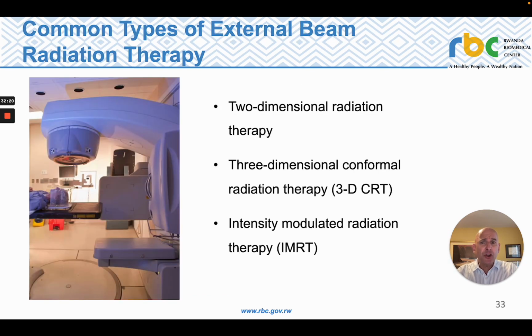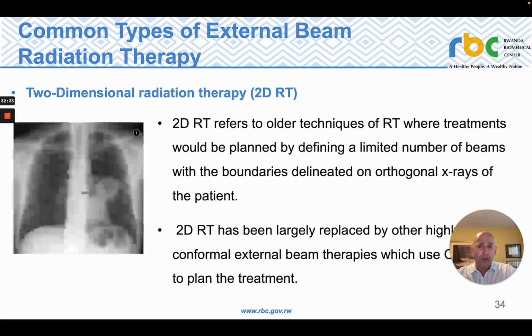So I'm going to talk about the three common types of external beam radiotherapy next. There's 2D radiation, 3D radiation, and IMRT. With 2D radiation, this is generally an older technique where treatments would be planned by defining a very limited number of beams with the boundaries delineated on x-rays of the patient.